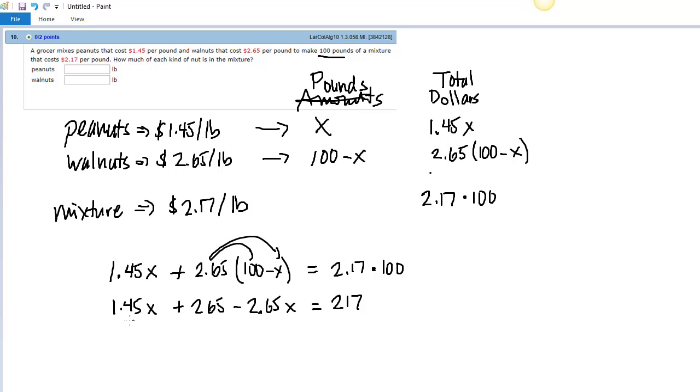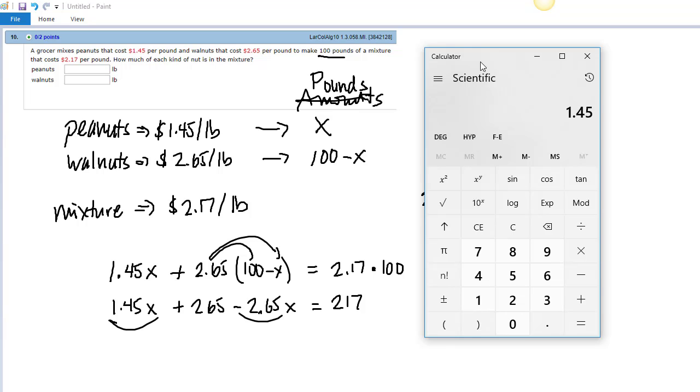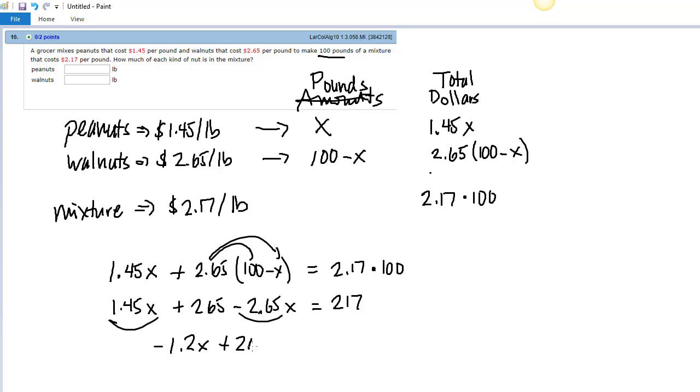So now I can take and combine my like terms here. So let me get out my calculator. 1.45 minus 2.65 is negative 1.2x plus 265 from right here equals 217.